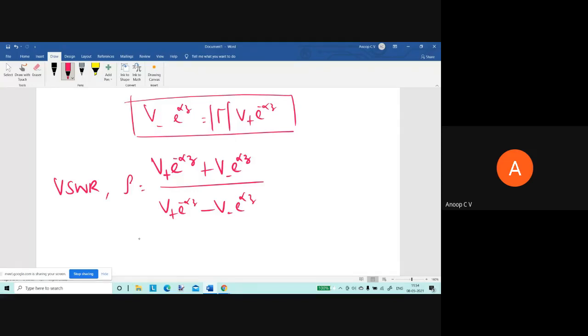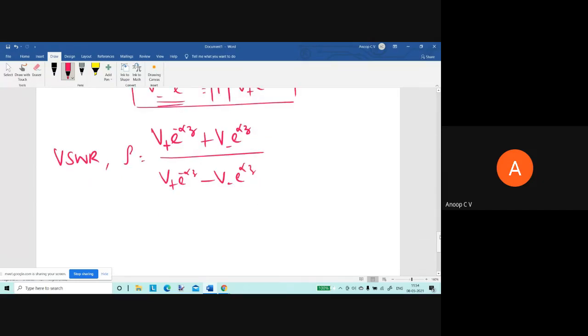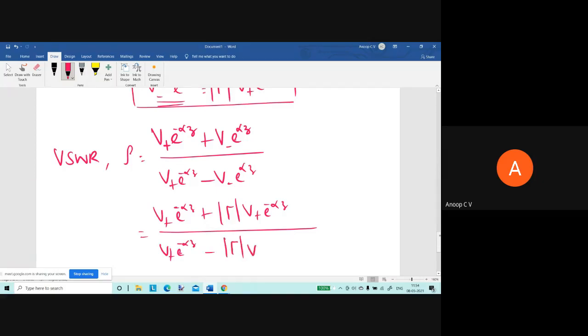If I substitute V minus e power alpha z as mode of gamma into V plus e power minus alpha z, I get V plus e power minus alpha z plus mode of gamma into V plus e power minus alpha z, divided by V plus e power minus alpha z minus mode of gamma into V plus e power minus alpha z only.